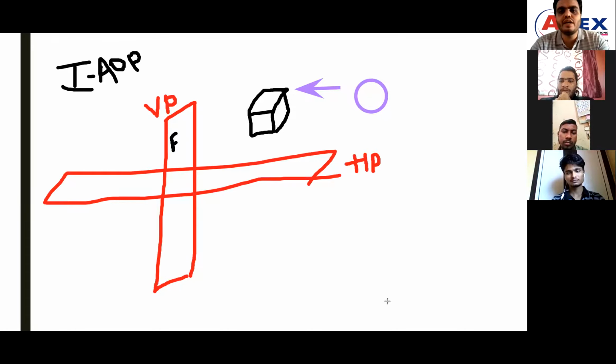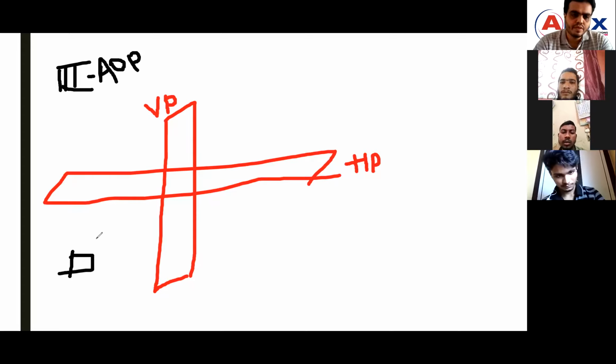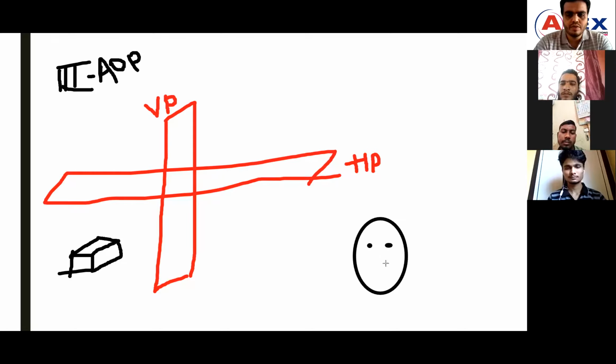So in third angle of projection, the object is placed in the third quadrant and the observer will remain here. Okay, so the observer is observing the object in this direction.